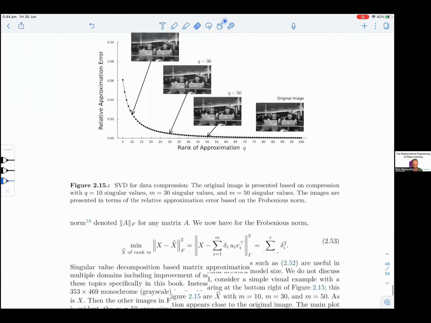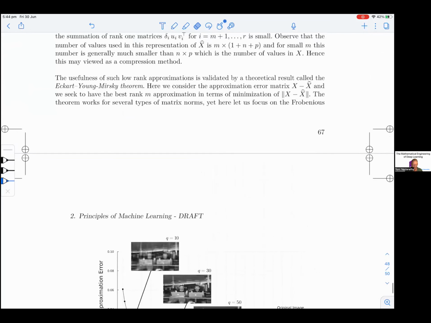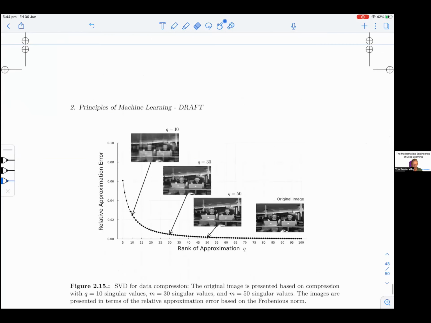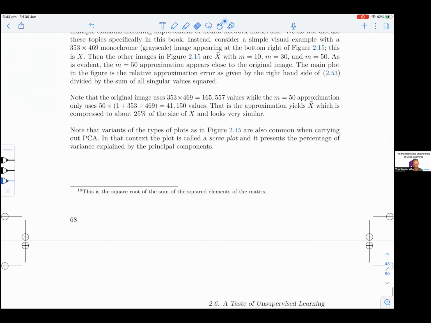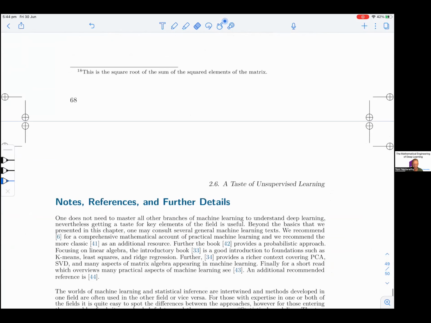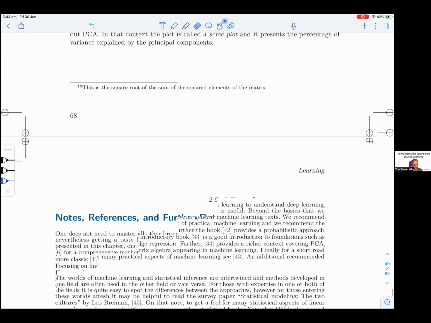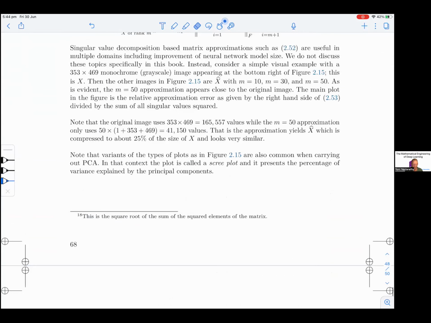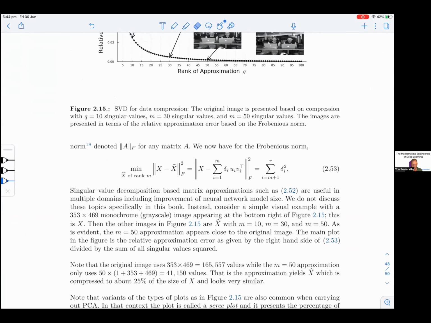So see, X minus X hat here is a matrix, and we're doing here a matrix norm. Let's look at the footnote, what the Frobenius norm is. This is the square root of the sum of the squared elements of the matrix. So the Frobenius norm is denoted A subscript F for a matrix A.